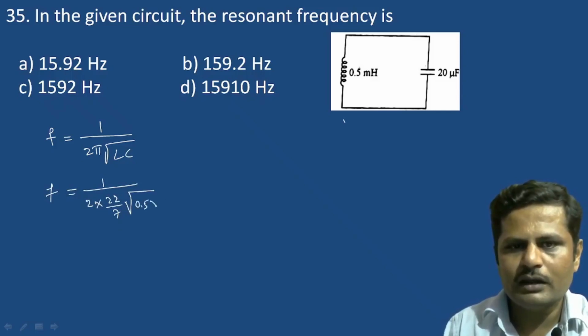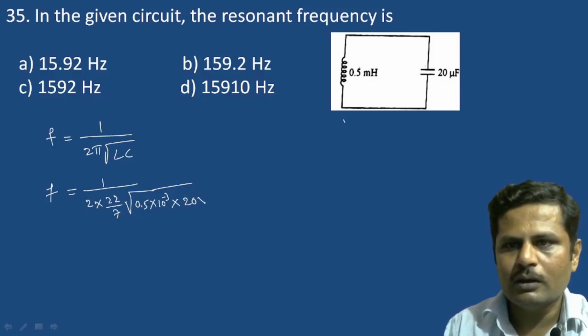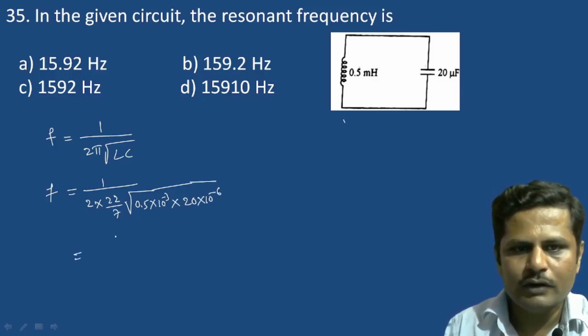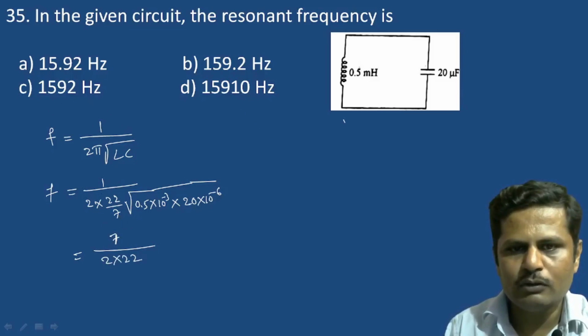0.5 millihenry, that is 10 to the power minus 3, and C is 20 micro, 10 to the power minus 6. So this equals 1 divided by this, 7 will go to the numerator, that is 7 divided by 2 into 22. Here we have 0.5, that is nothing but 1 by 2. 1 by 2 into 20 is 10.